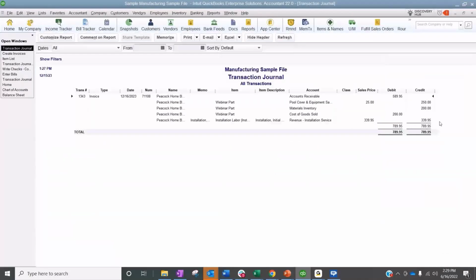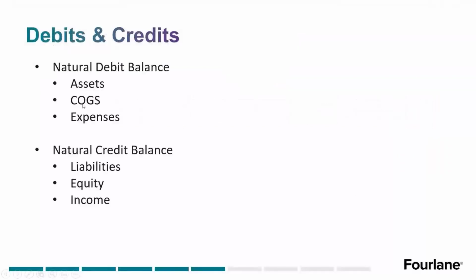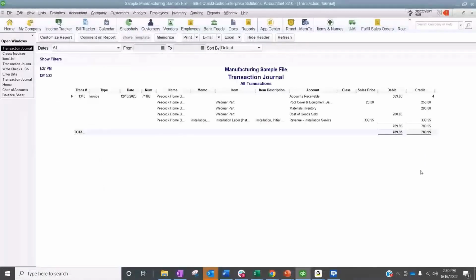That is making my revenue credit, just like the credit down here. So my revenue is going up. My inventory, which is valued at $200, is going down because this is an asset, and I want to lower it, so it's being credited. And then my cost of goods sold, which is similar to an expense, with a natural debit balance, is going up. So I want to debit it. But we have a whole other video on inventory stuff.